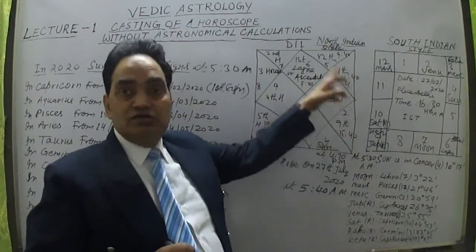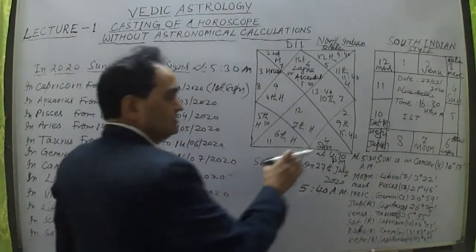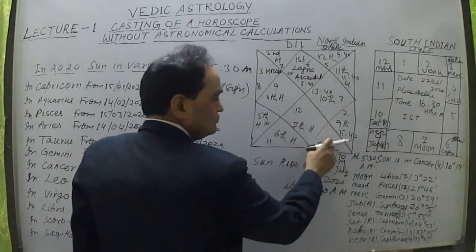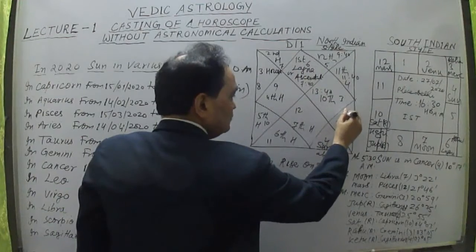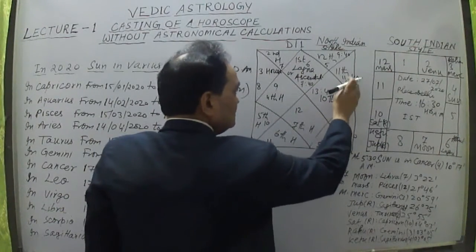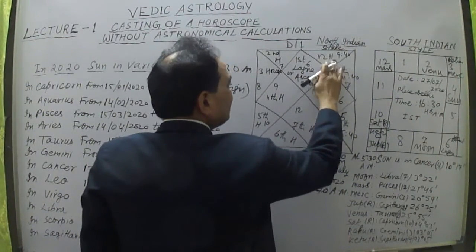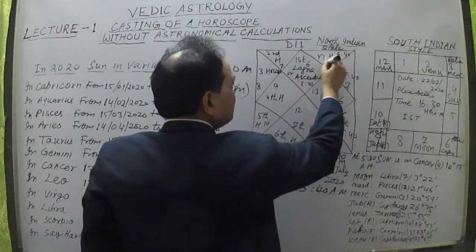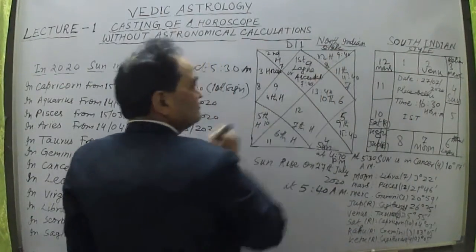Now here is the Cancer sign, and the direction is anti-clockwise. Signs are rising in the North Indian style. So this is 4, this is 5, the Leo sign, then 6th, then 7th, then 8th, and this is the Sagittarius sign, 9.